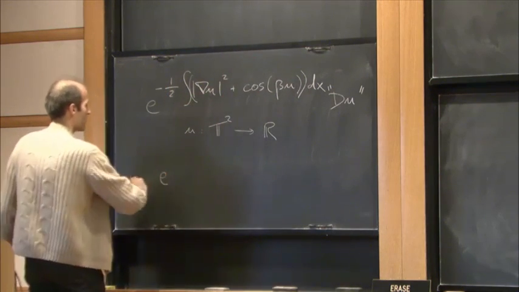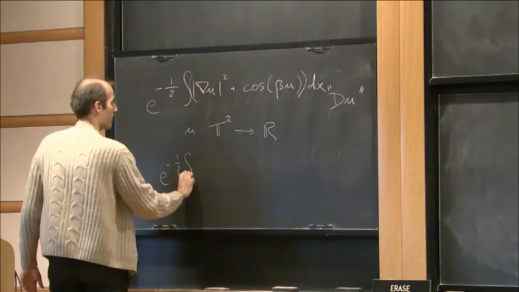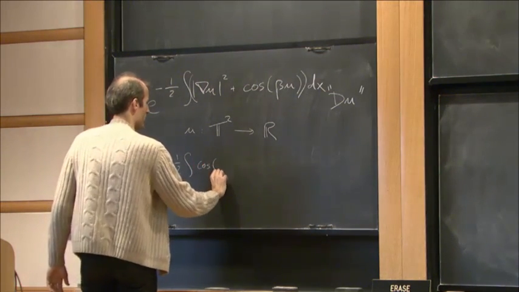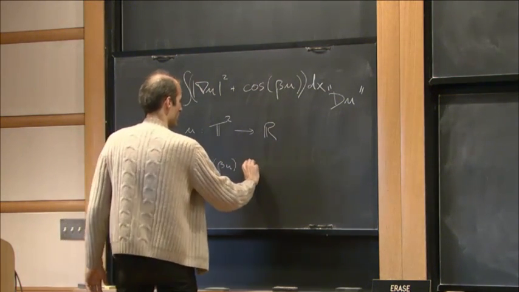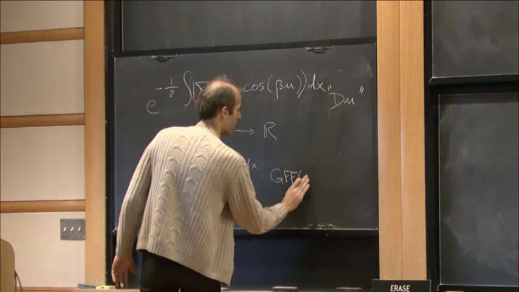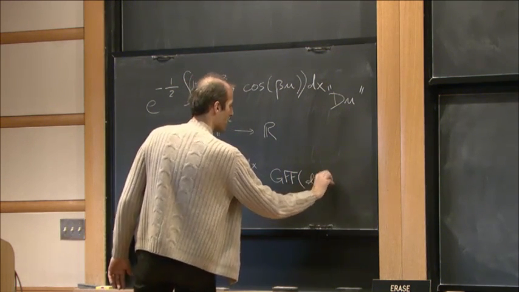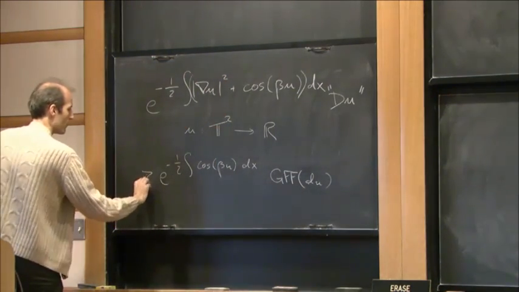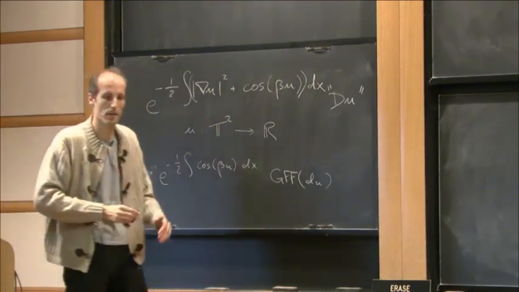So you really want to interpret this as e to the minus the integral of cosine beta u dx times the Gaussian free field measure du, and there's some normalization constant here.